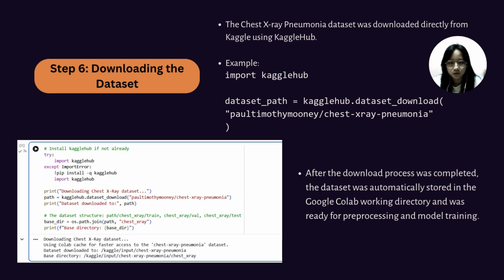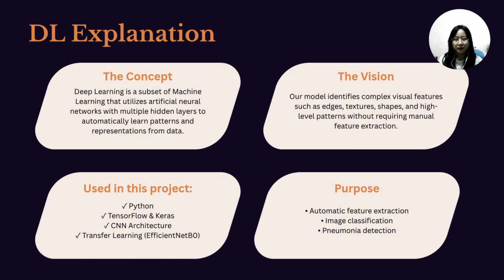With the dataset downloaded and organized, we can now move on to the deep learning approach we use. Now that we have set up our environment and downloaded the dataset, let's talk about the deep learning approach we use in this project. Deep learning is a subset of machine learning that uses artificial neural networks to automatically learn patterns from data.